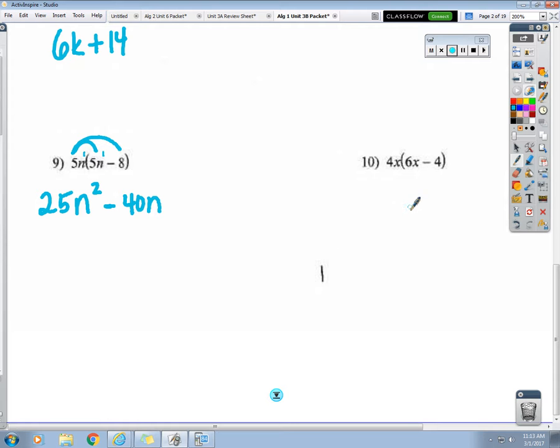Okay, I'm going to give you just a couple of minutes to do the right side of this page, and then I'm not going over them in detail. I'm just going to write the answer so you can check to make sure you did them right. So 2 to 3 minutes max on the right side of page 1.